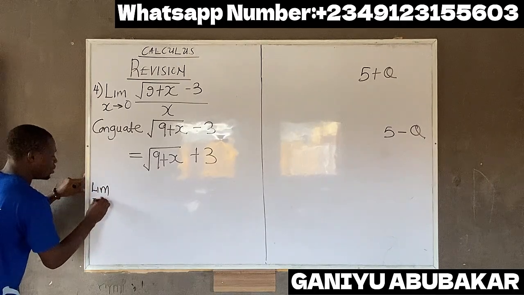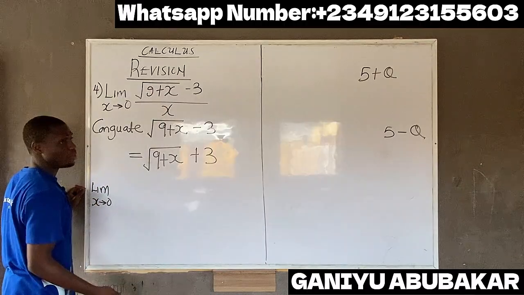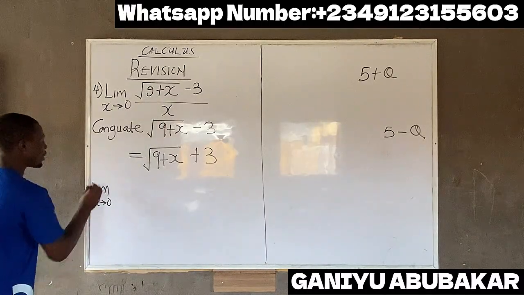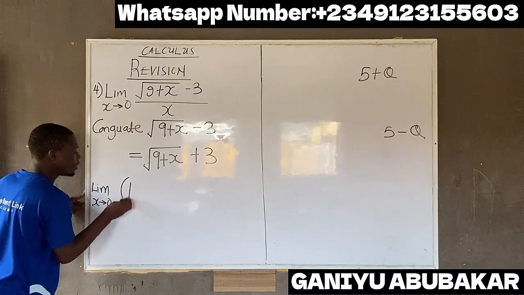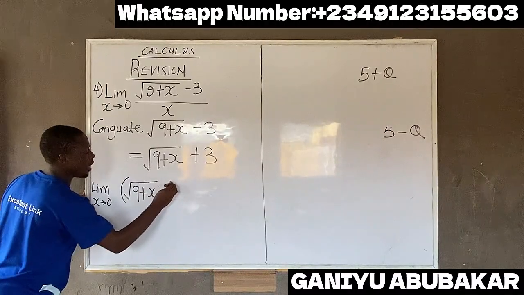So I'm saying the limit as x tends to 0, and by the way, if I put x as 0 here, everything becomes 0, so I have to show myself. This gives you x tends to 0. I have the square root of 9 plus x, then minus 3.